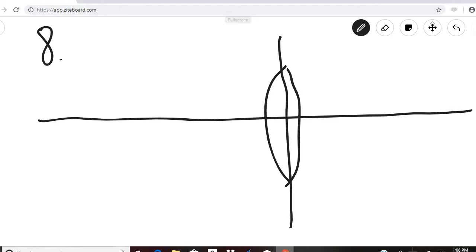Okay, and then it says that it has focal points 12 centimeters from its center. So remember, a lens is going to have focal points on both sides of the lens. We measure from the center here. So we'll make that one focal point, and then we'll try to get this one an equal distance.